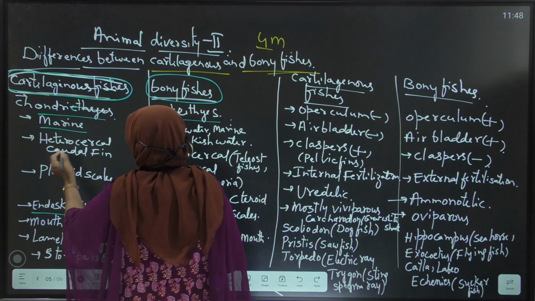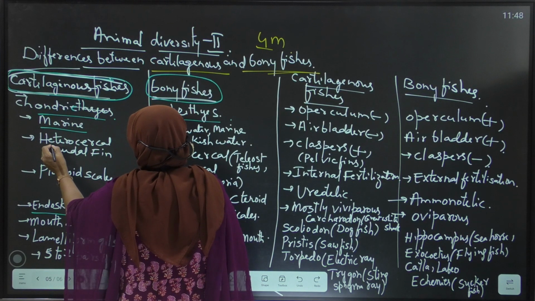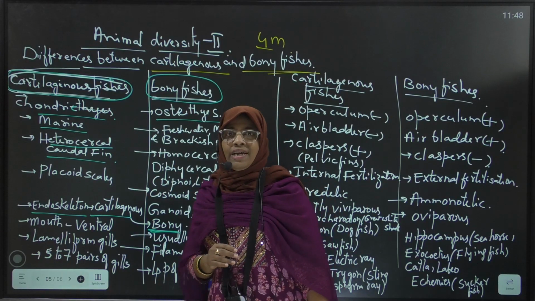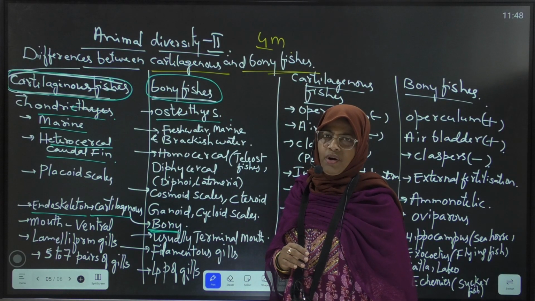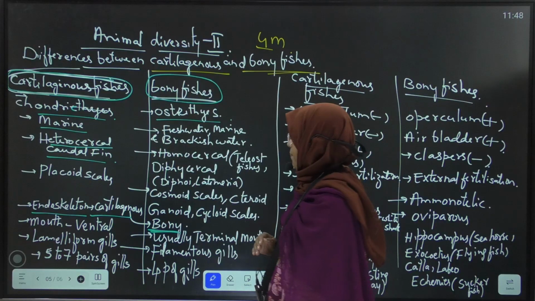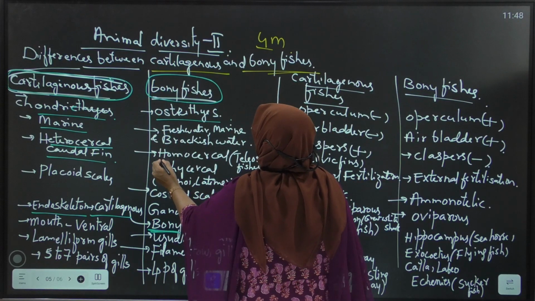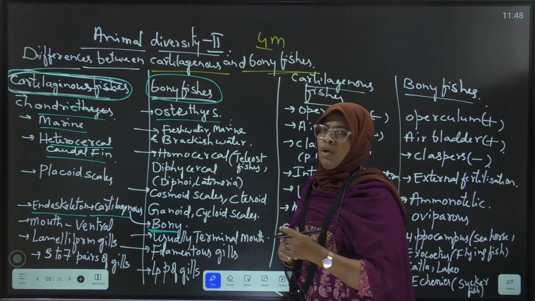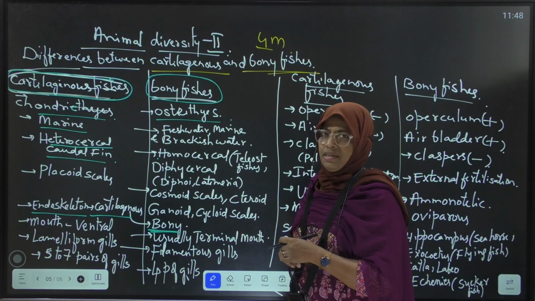Next, cartilaginous fishes have a heterocercal caudal fin. Caudal fin means tail fin. What are fins? These are the locomotory organelles of the fishes.